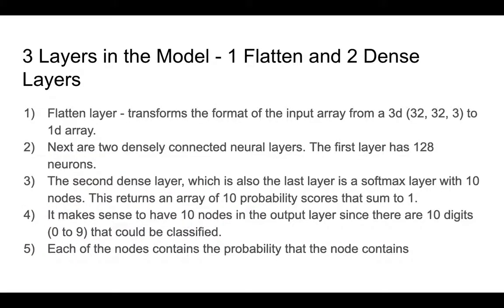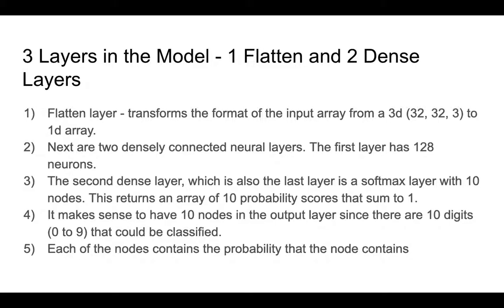So this is the basic layout of the model. It's pretty simple. It just has three layers. The first is a flatten layer, so we flatten the incoming data so we can feed it into the more densely connected neural layers. The flatten layer just takes a 3D tensor and converts it into a 1D array. Then we have two dense layers.